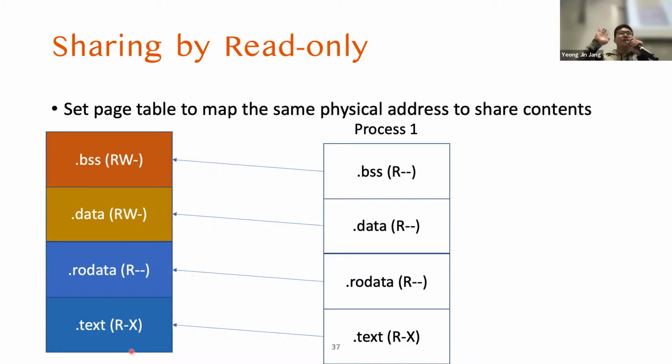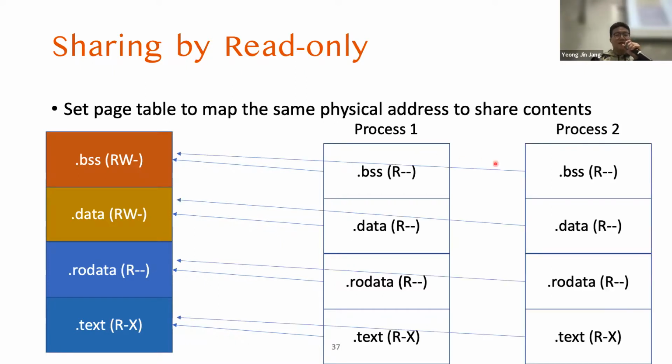We are not actually copying this data to back this memory. It will refer to the same location in physical memory, and whenever we run a second program, it will refer to the same location.